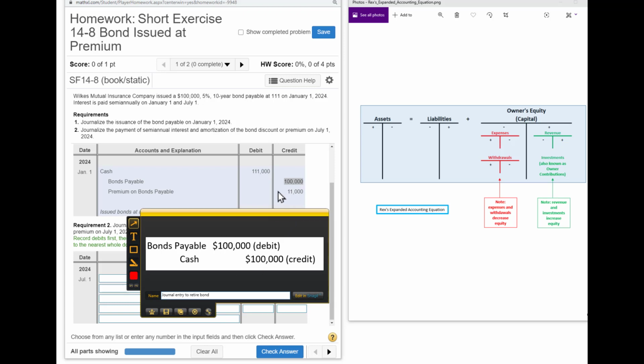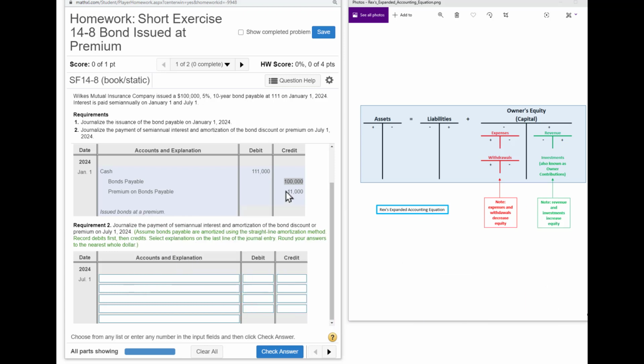So you would be leaving this $11,000 premium on bonds payable on your books, but the bond would be gone. So the rule is, over the life of the bond, we have to slowly get rid of this $11,000. That slowly decreasing it is also called amortizing. So we're going to amortize this premium over the life of the bond.